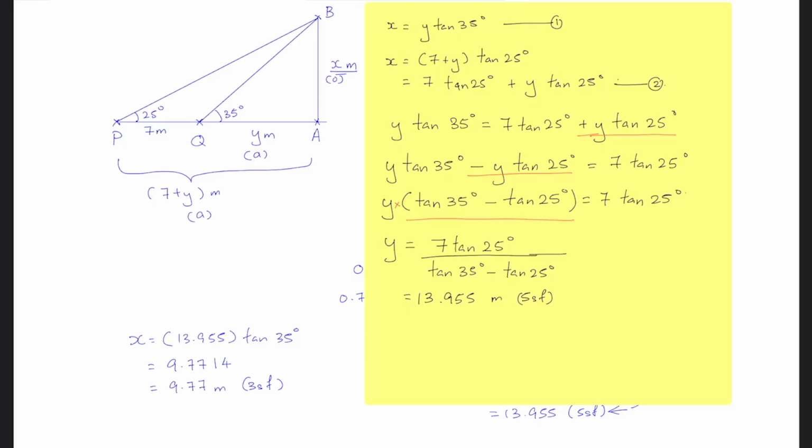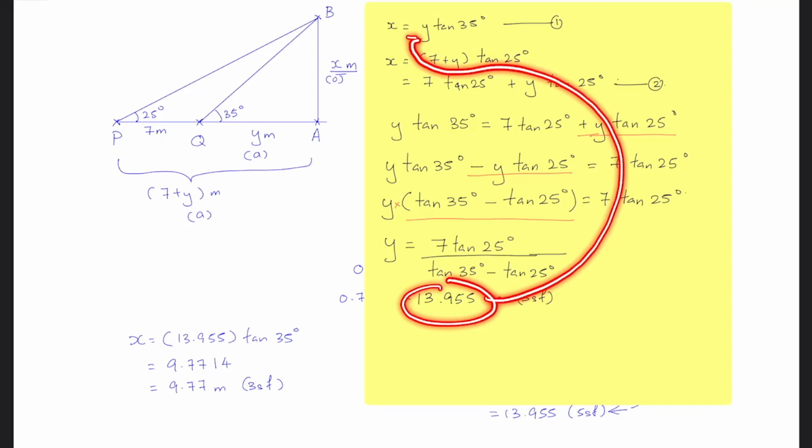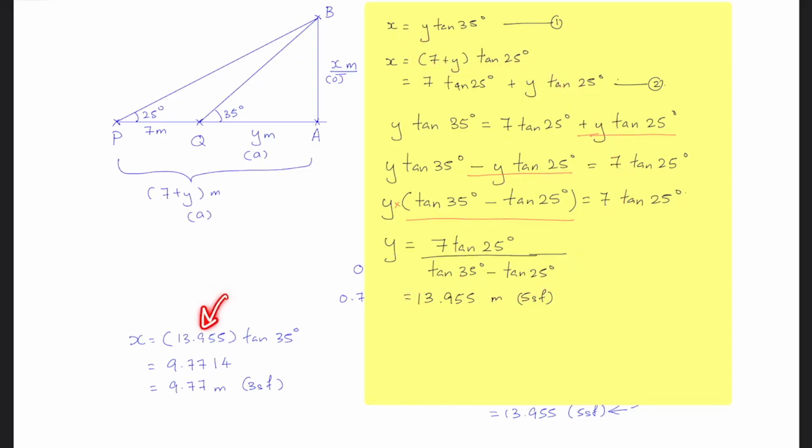Do not try to simplify by saying that tangent 35 minus tangent 25 equals to tangent 10 degrees. No, it does not equal to that. So please don't do that. Then you have y equals to 13.955. We can substitute the y back into this equation, which is what we did over here, and you will get back the same answer.